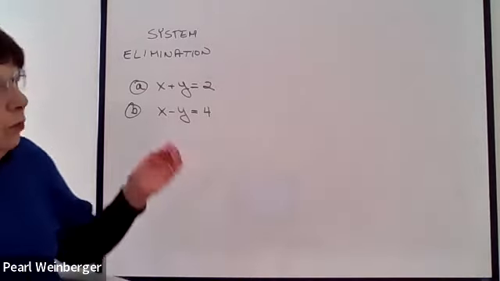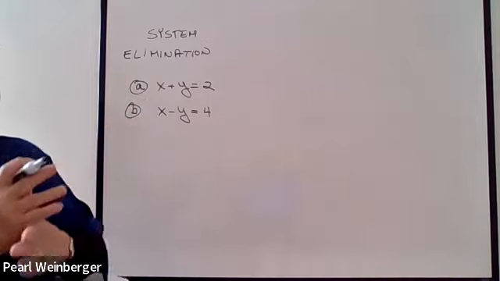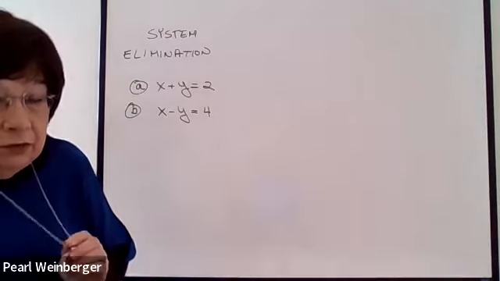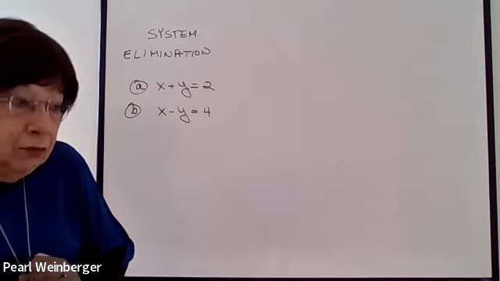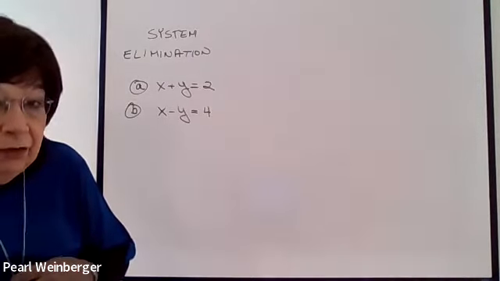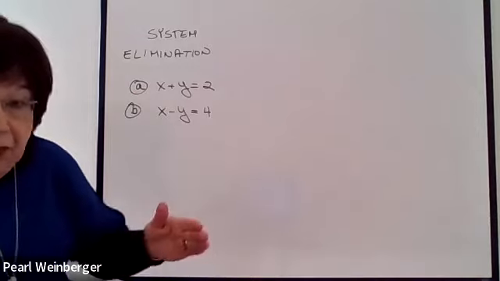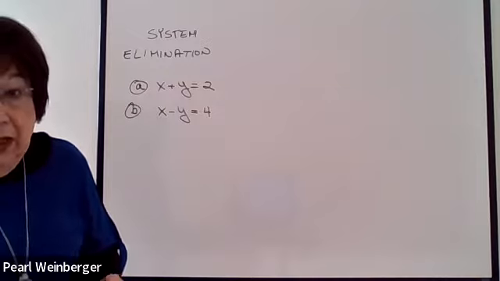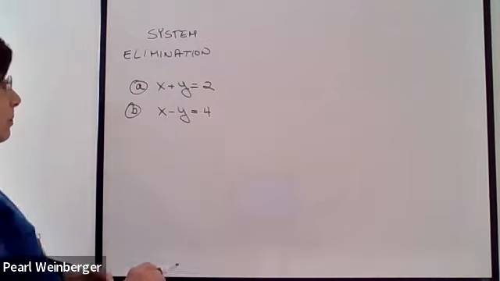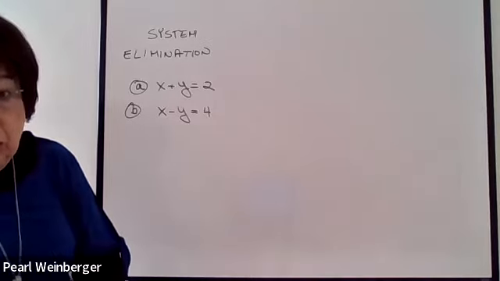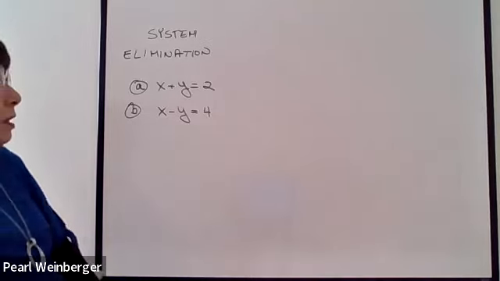We could have done it by graphing each line and drawing each line and seeing where they cross and hopefully getting the right answer. Again, when you're doing it on the graph, if you're not very accurate, even if you do all the work correct, if your graph is not drawn perfectly, you might get the wrong answer. You might be slightly off. But this method, if you do it correctly, will for sure give you the right answer.